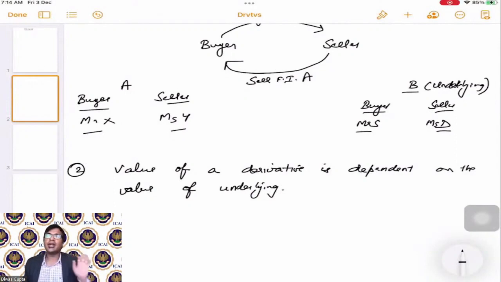This is the most critical point, and because of this only, it becomes a derivative, because it derives its value from the underlying. This is also one of the features that is common across all the derivatives. Okay, this is true for all the derivatives, any derivative you pick. Then next point.